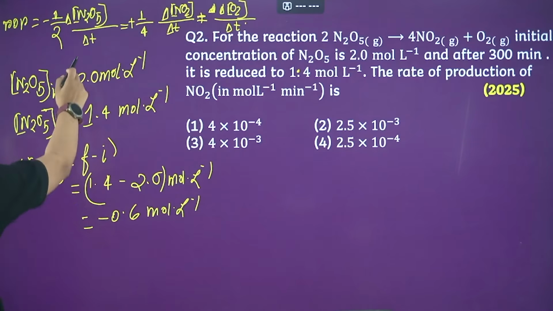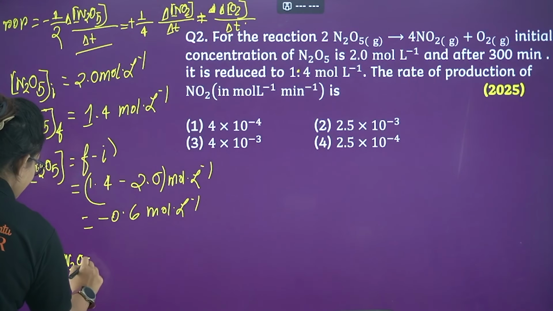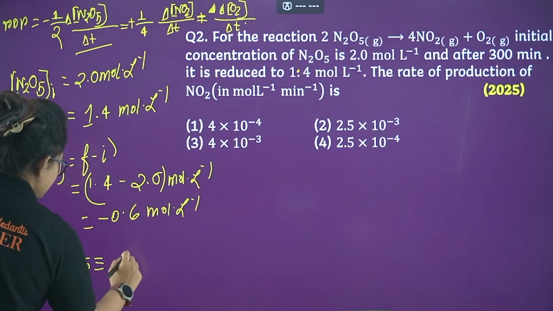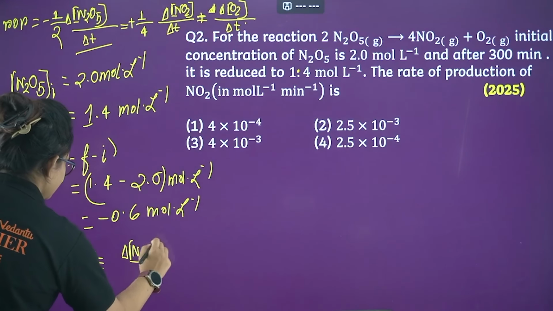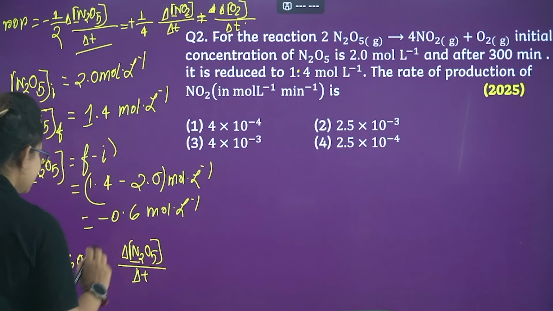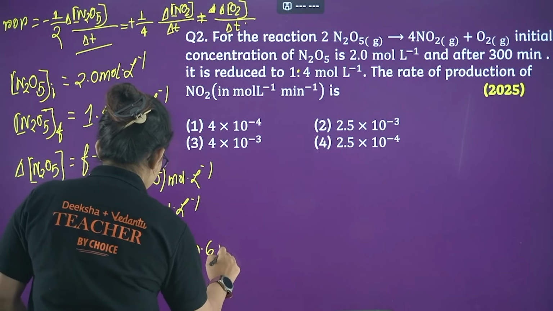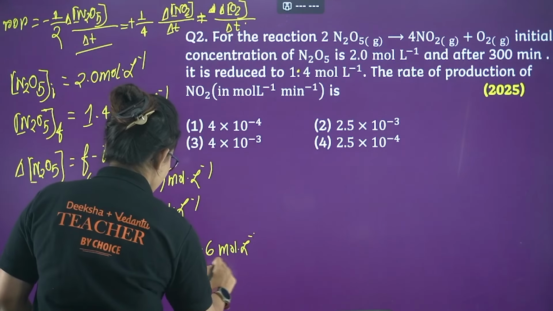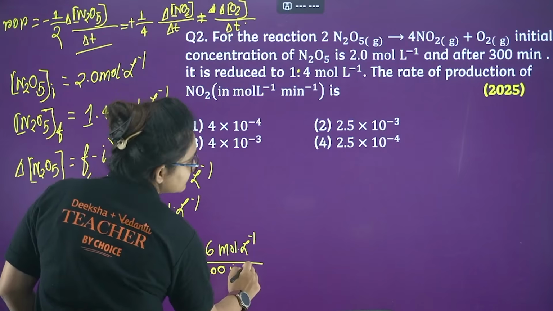Fine. Now let's calculate this term. If I write the rate of disappearance of N2O5, that is nothing but delta N2O5 divided by delta T. All the values are given here: minus 0.6 mole per liter, divided by the time, that is 300 minutes.